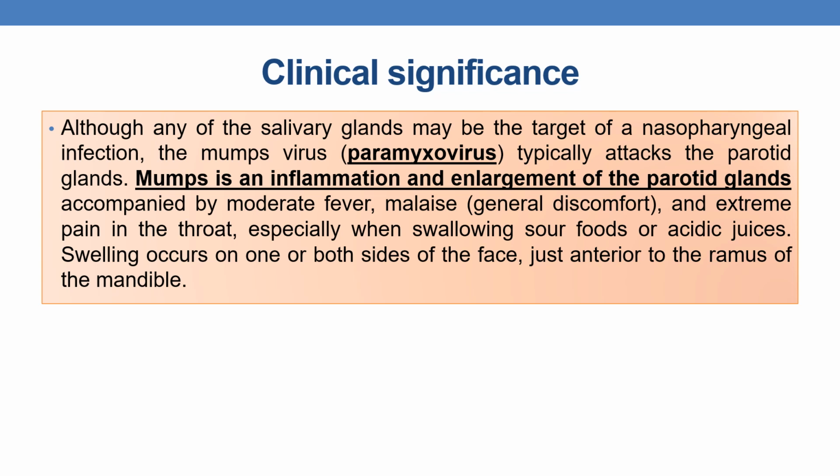Mumps is an inflammation and enlargement of parotid glands accompanied by moderate fever, malaise, that is general weakness or discomfort, and extreme pain in the throat, especially when swallowing sour foods or acidic juices. Swelling occurs on one or both sides of the face just anterior to the ramus of the mandible.